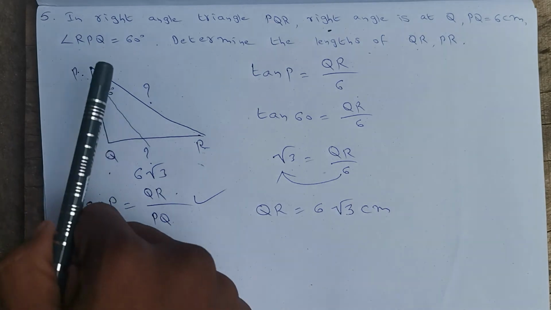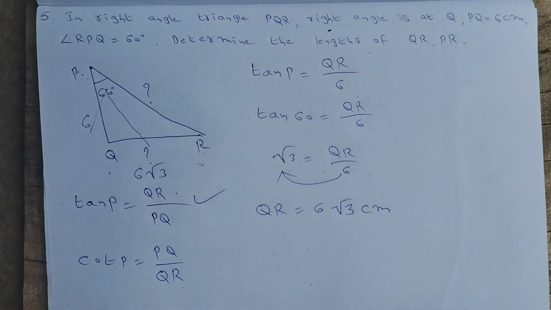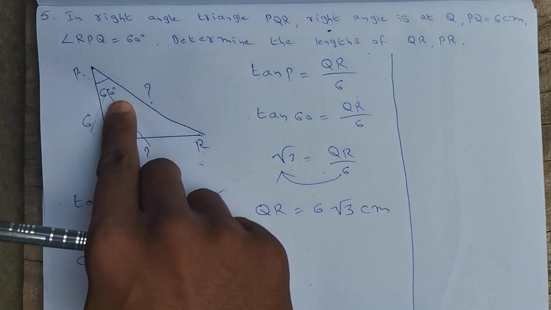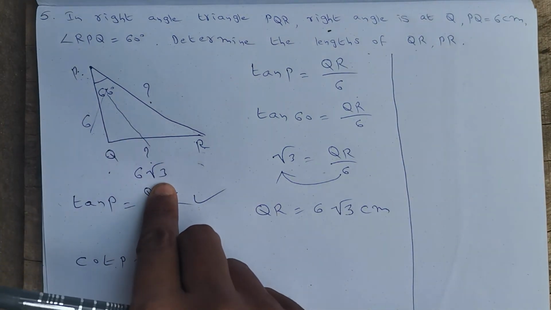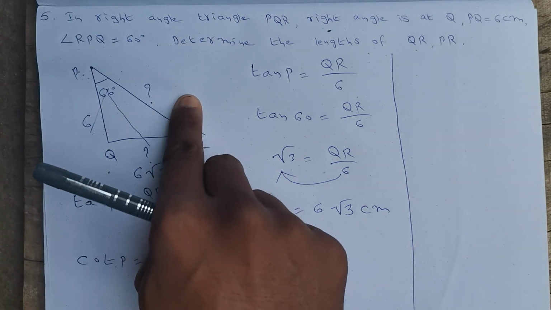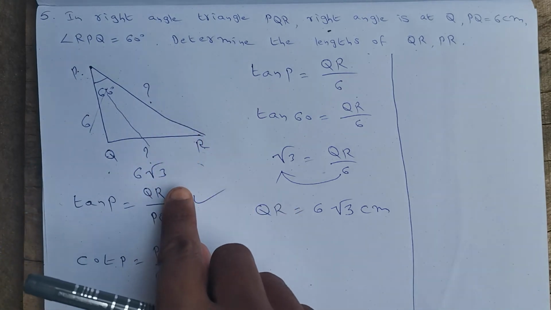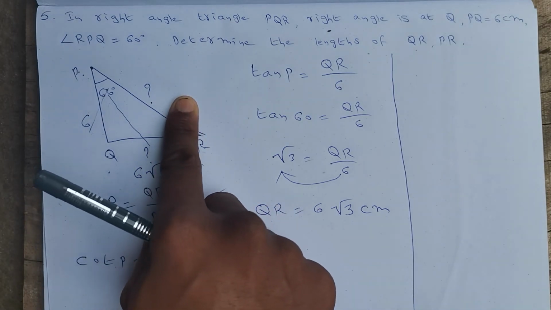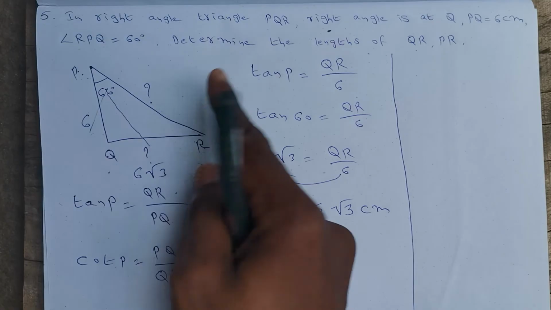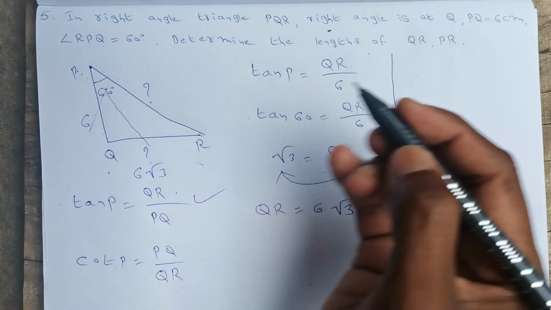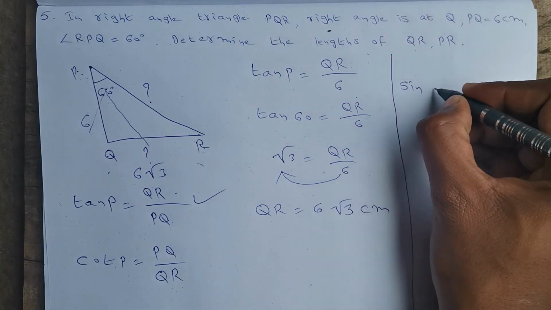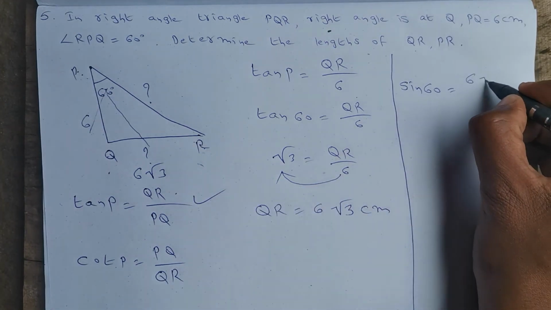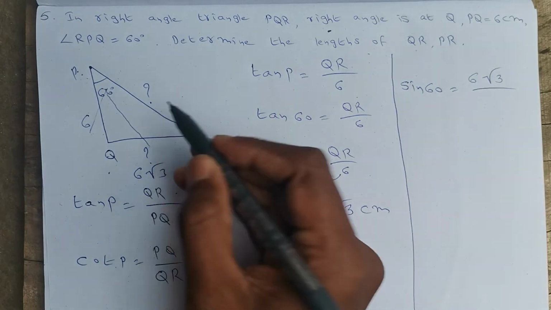Then still we need to find one more side, that is PR or hypotenuse. Now angle is there, opposite is there, and we want hypotenuse. So which trigonometric ratio will discuss about opposite and hypotenuse? It is sine and cosecant. Out of these two you can take any one, so I'm going with sine. So sine 60 degrees is equal to opposite 6 root 3 divided by hypotenuse, don't know.